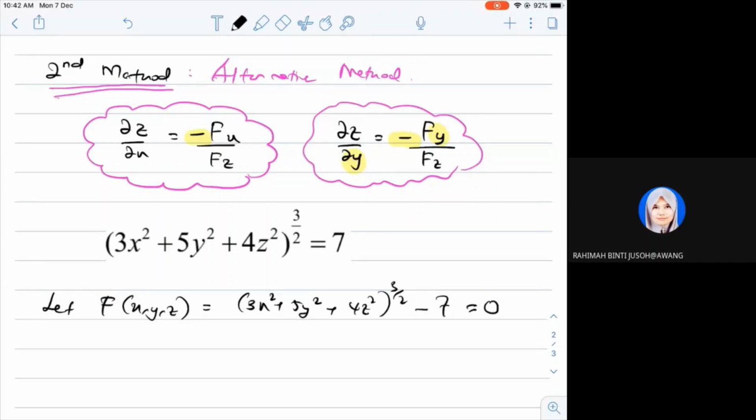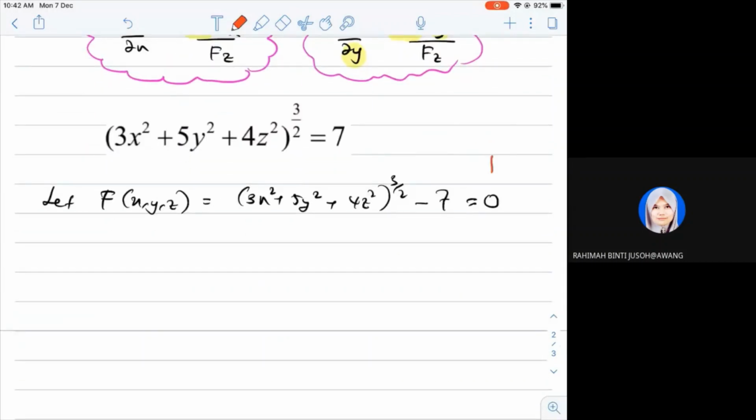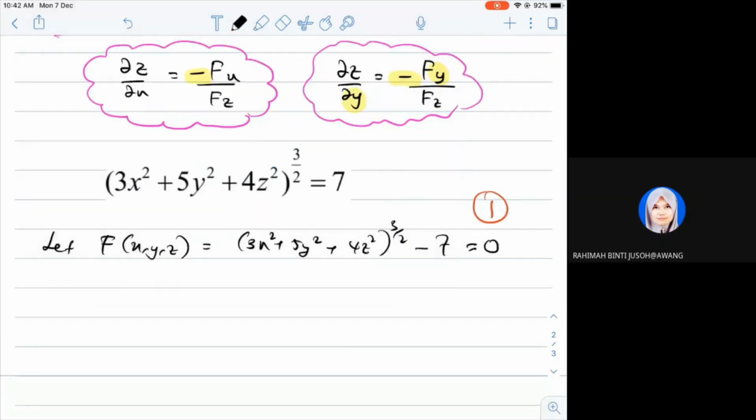Okay guys, this first step, if you answer like this, then you will get 1 mark in final exam. Okay, ini you jawab macam ni je pun you dah dapat 1 mark lah. 1 mark. Okay, after that guys, what you should do now is, okay, the question asks you to find del z over del x.